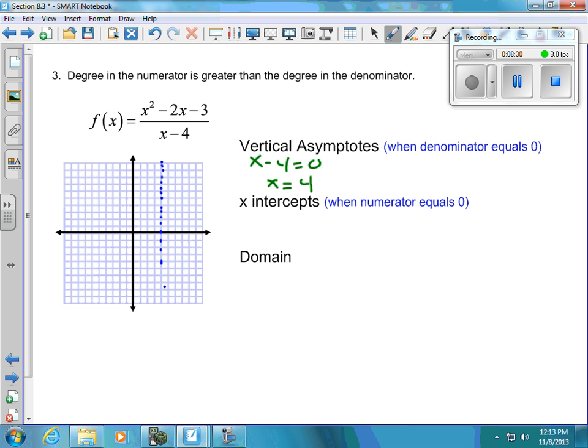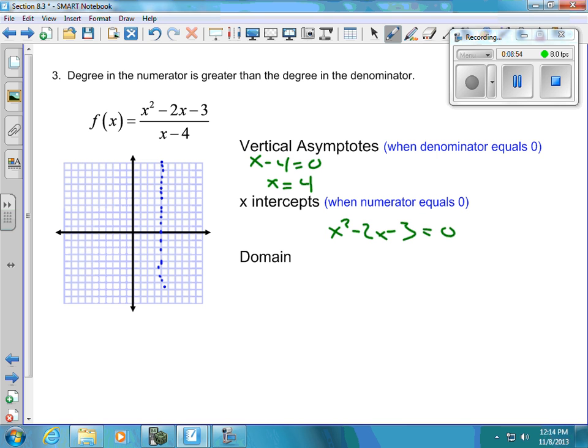Our x-intercepts are when the numerator equals 0. The numerator is x squared minus 2x minus 3. That equals 0. Well, we have two ways, well, more than two ways, but the two main ways we use for solving this type of equation is either the quadratic formula or factoring.